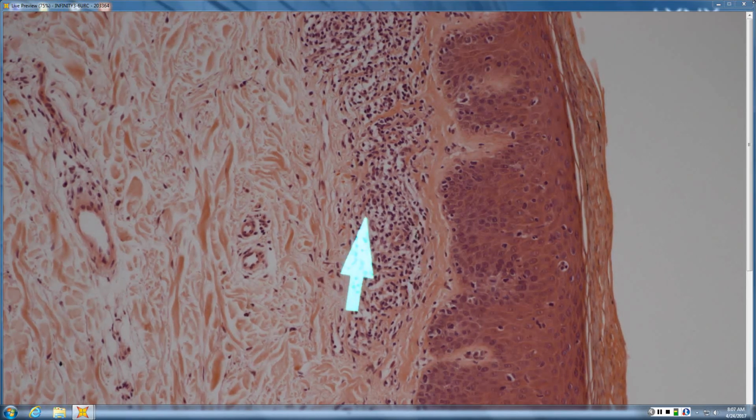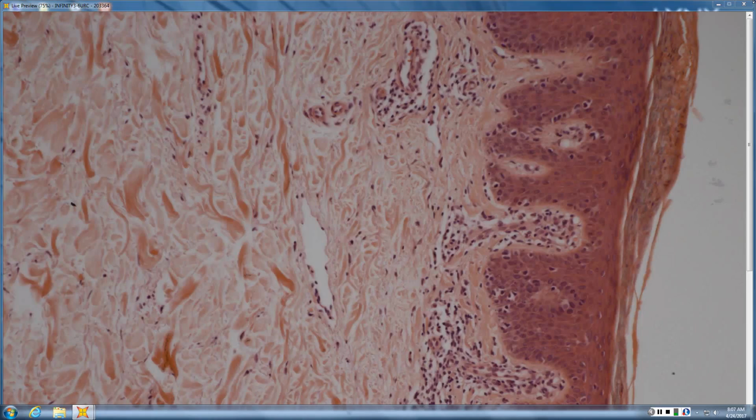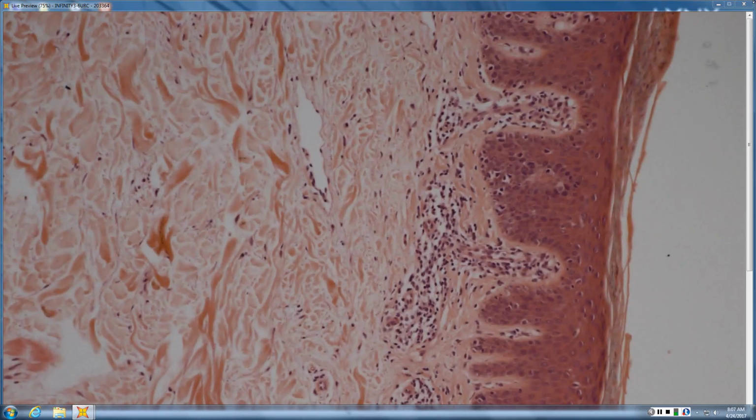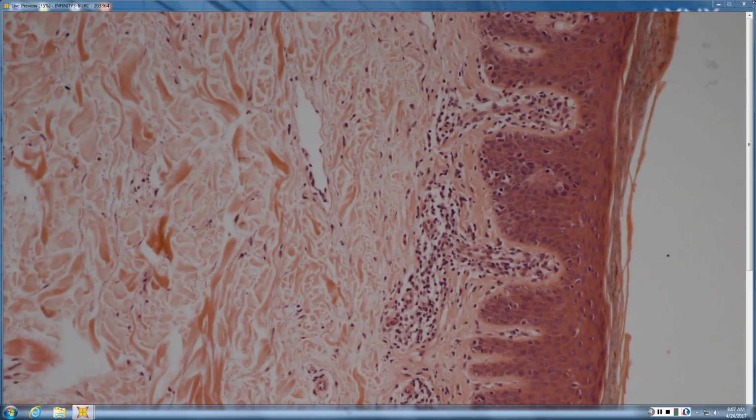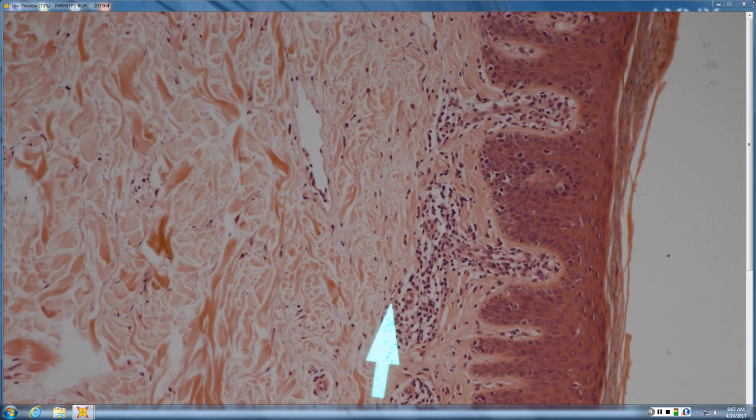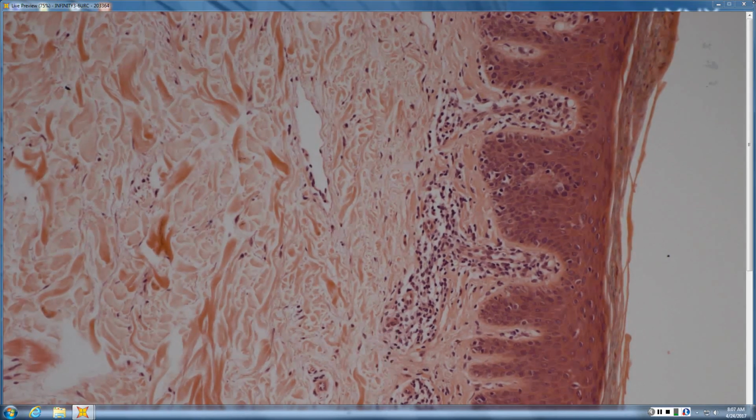You have a perivascular infiltrate, and in at least some examples, I think you can see it well over here, there's much more of it above the vessel than below the vessel. So you have a bare, naked underbelly to the vessel, with most of the infiltrate above.